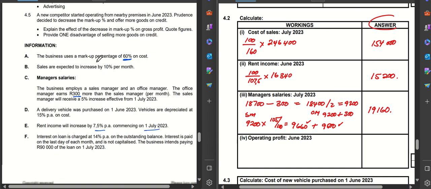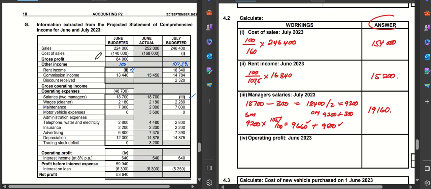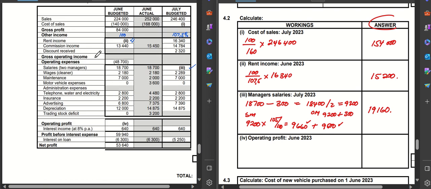All right, then I'm going to quickly move on to the next one, which is number 4. That is your operating profit. For your operating profit, it was rather easy because you were doing the bottom up calculation where you had your 59,000 and you're going up. So you would then subtract the 640 because here it is interest income.